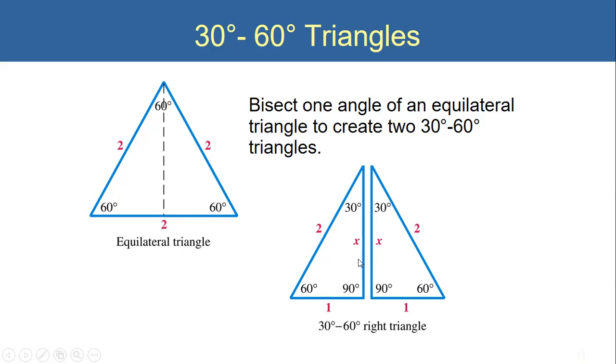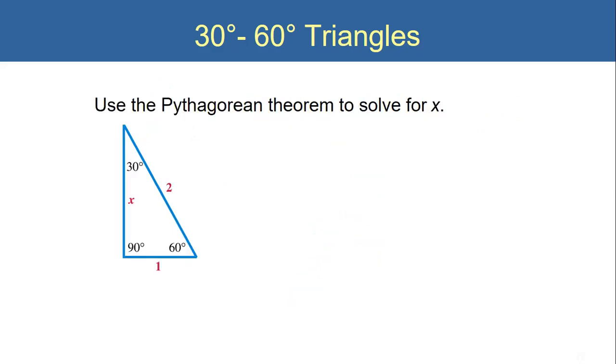We're going to use the Pythagorean theorem to show what x is and then create our rules from there. We're going to find the leg that we do not know of our right triangle. So that ends up being x squared plus 1 squared equals 2 squared, from a squared plus b squared equals c squared.